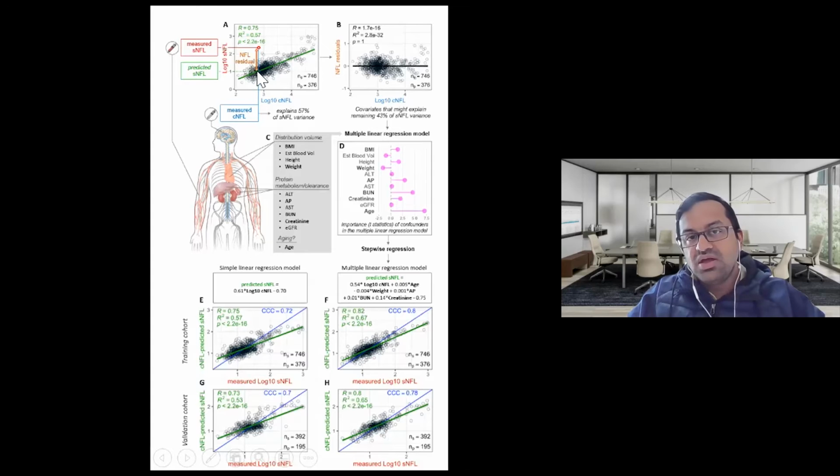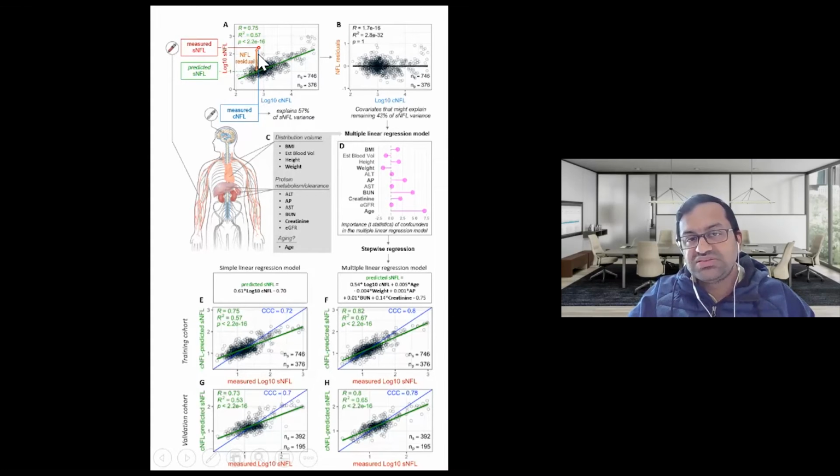But you can see that when you run the linear regression model, it gives you a best fitting line, and some patients are above this line or below this line. It means you're not getting the exact idea about how much CSF neurofilament light is present based on the measurement of serum neurofilament light.